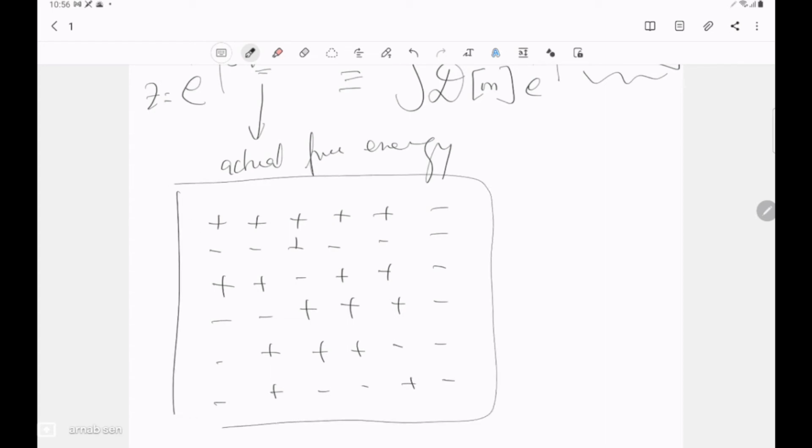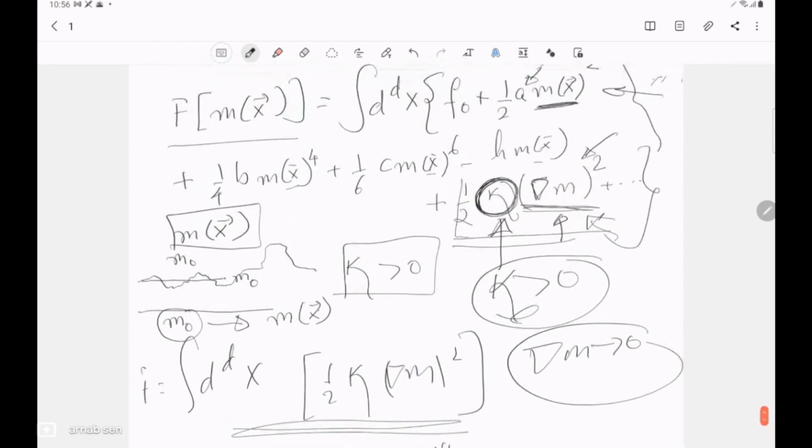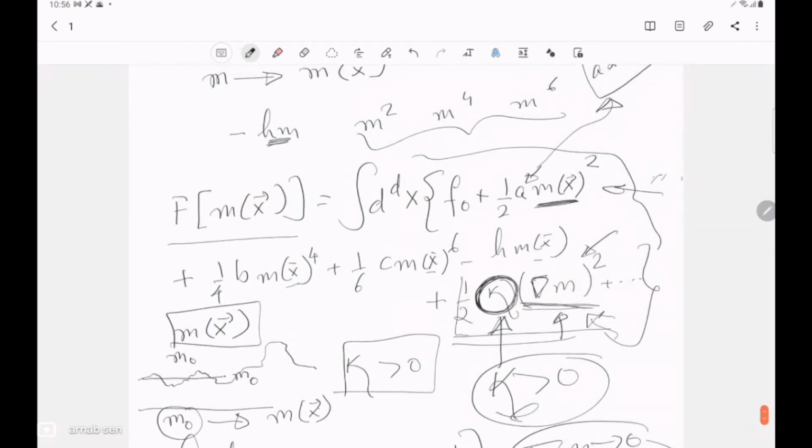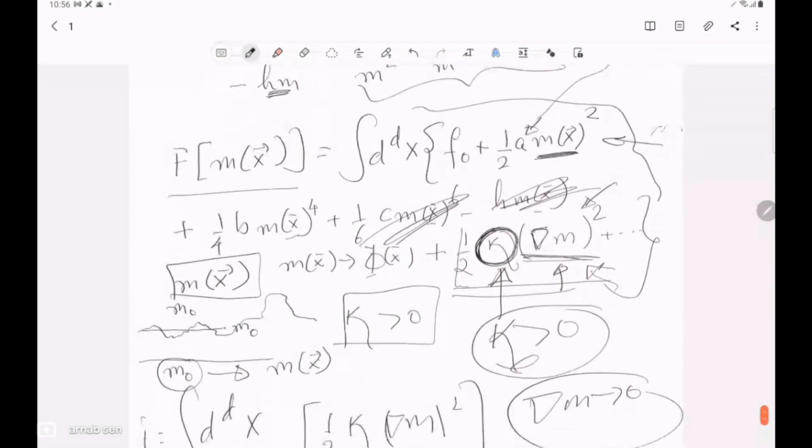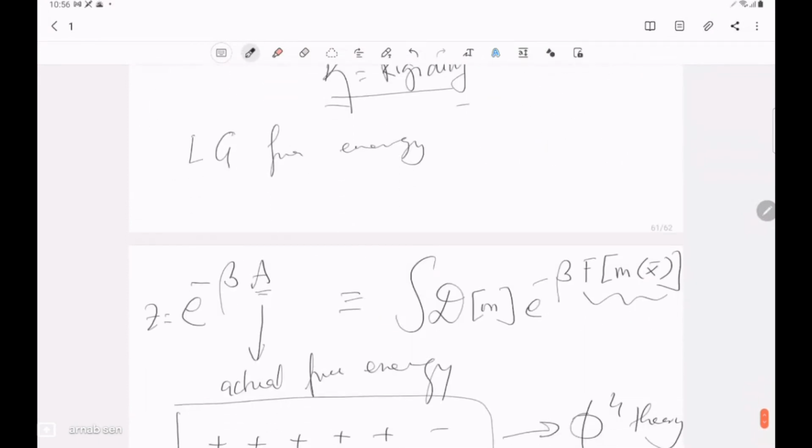Now, many of you may have heard the statement that the Ising model is described by a phi-four theory. Essentially, it's this theory where you ignore these terms, and let's say you put the magnetic field equal to 0. This theory is called the phi-four theory, where M is just replaced by some other notation phi. That's it. It's a very well-known theory in condensed matter as well as in field theory.